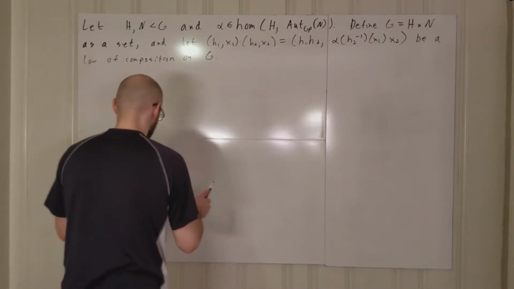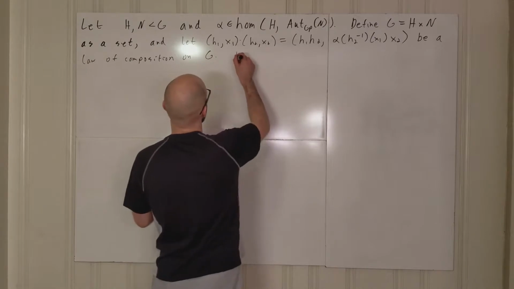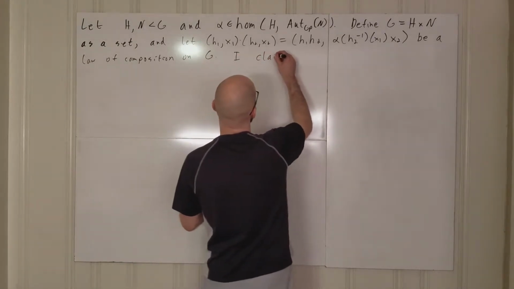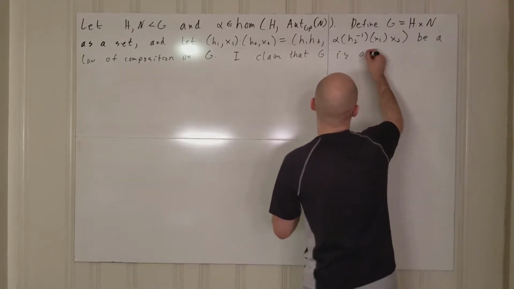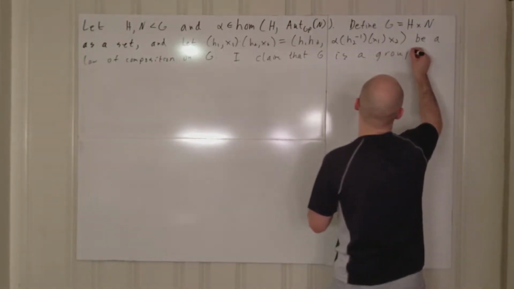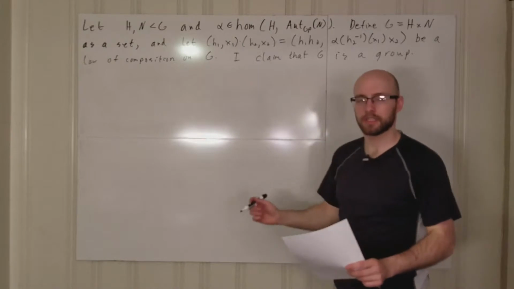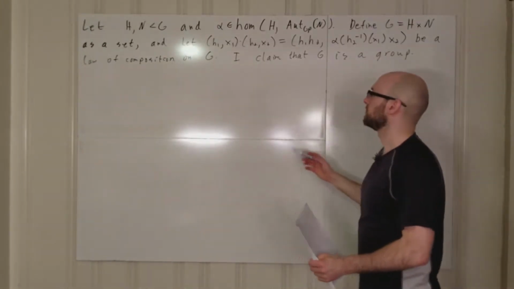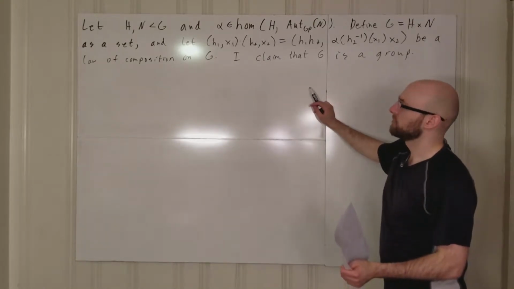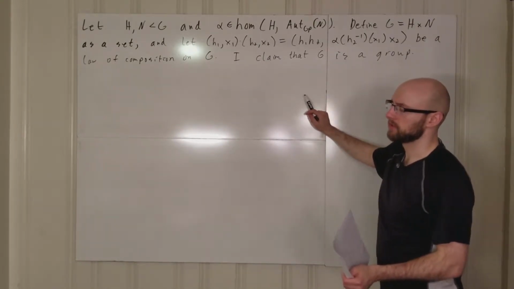Let's see here. I claim that G is a group. And when you see this, your heart should sink, because you think, oh, how do we prove that something's a group? We haven't talked about that.